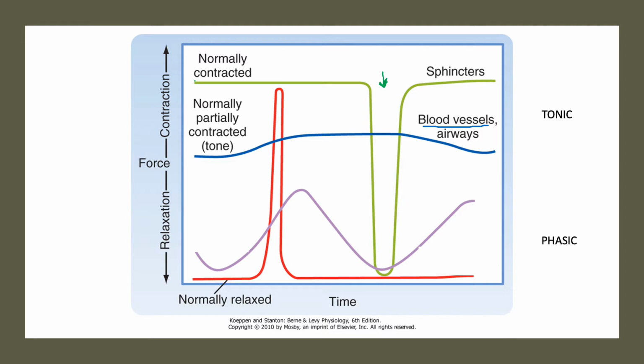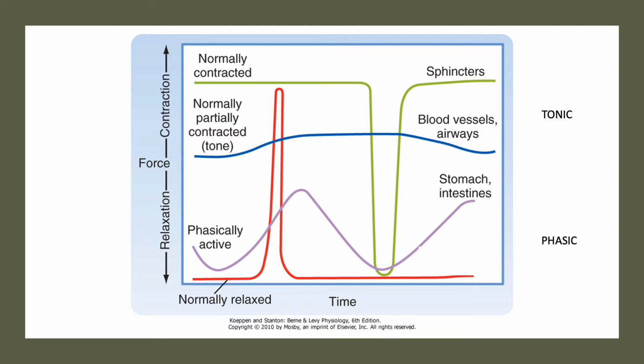And then we can compare that to some partially contracted smooth muscle, which we spoke about before. We said the blood vessels, right? So the arterioles, for example, the smooth muscle in the walls of the arterioles is in a state of tonic smooth muscle contraction. That ongoing contraction squeezes down on that blood that flows through them and helps maintain blood pressure.